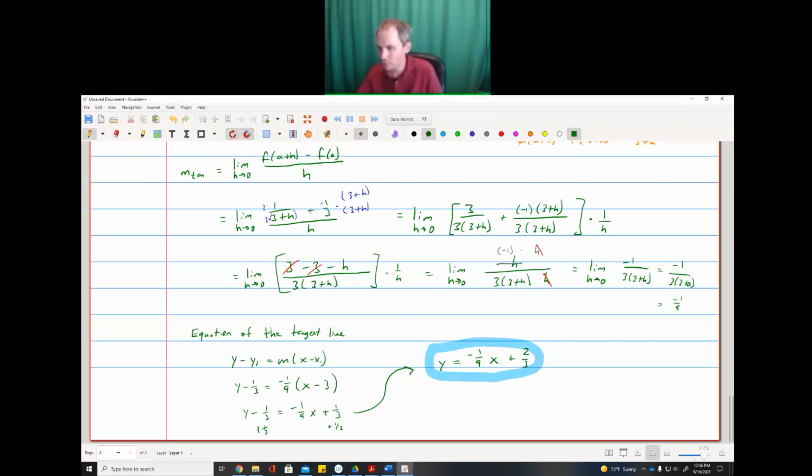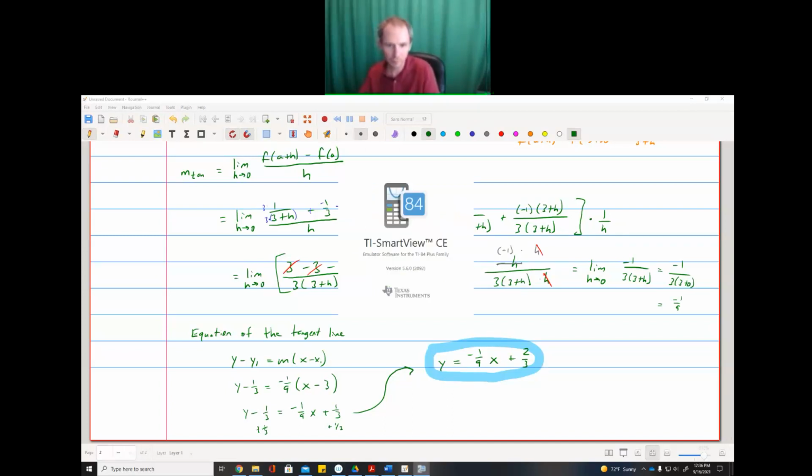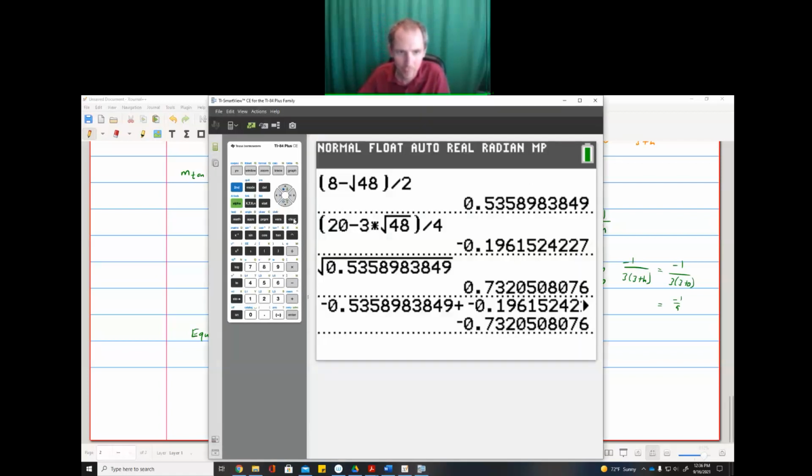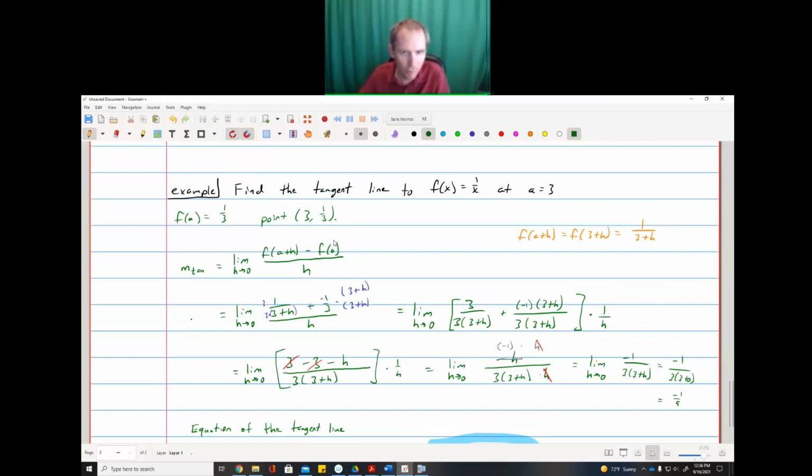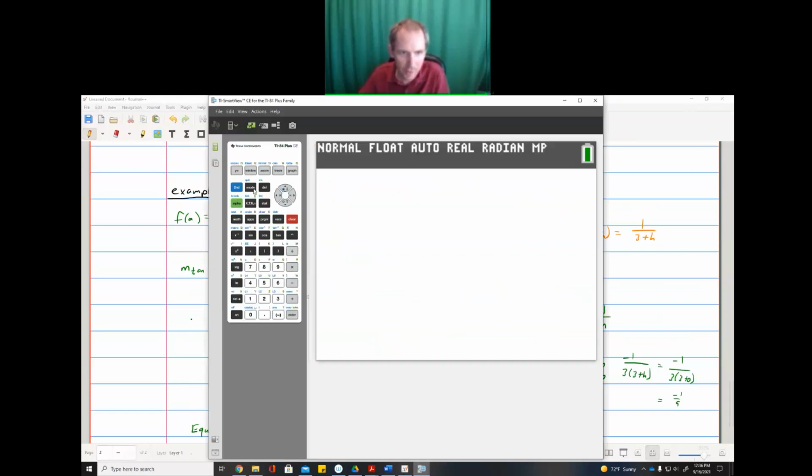What I'd like to show you is what this looks like on a graph. So the function we were looking at is 1 over x.